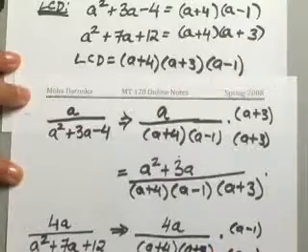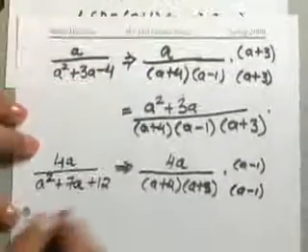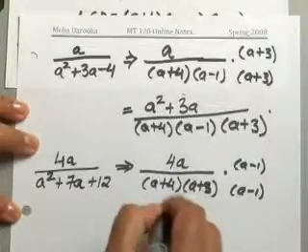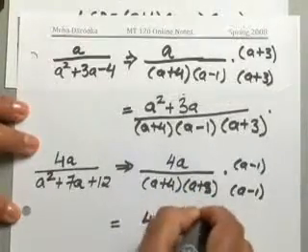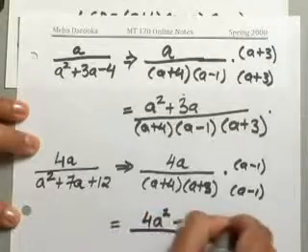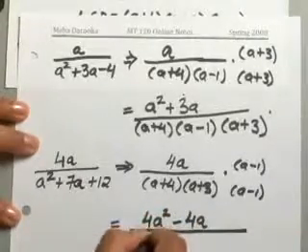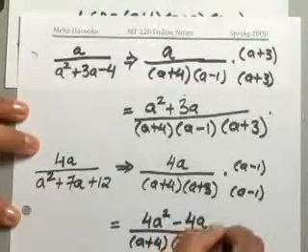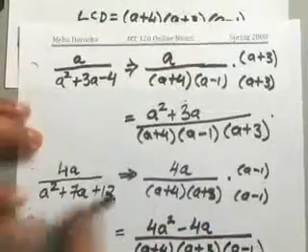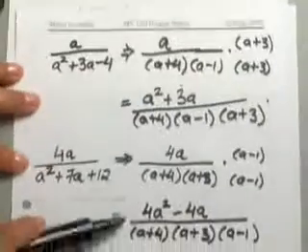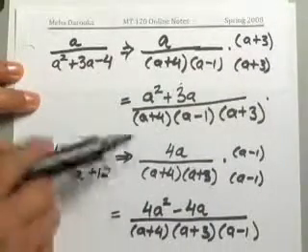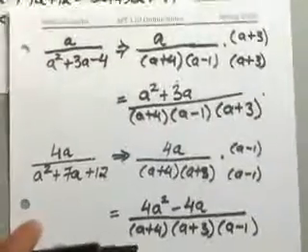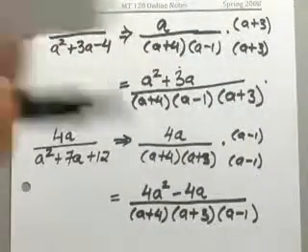So we multiply this expression with a minus 1, and now we will end up with 4a squared minus 4a, and now your denominator is going to be the same as your least common denominator. So both my expressions now have the same denominator, so now we are ready to add our numerators together.